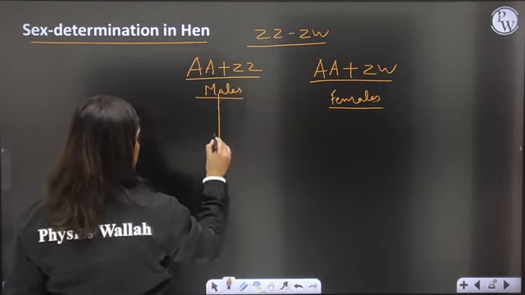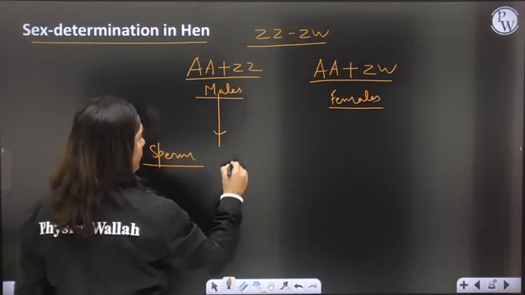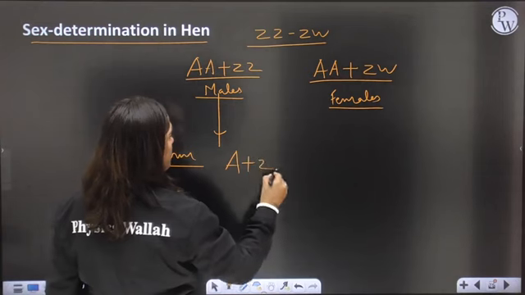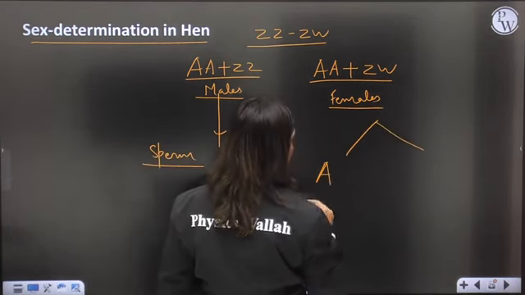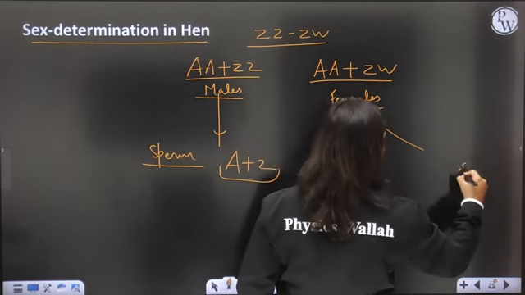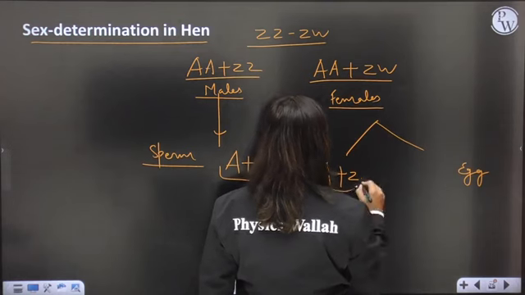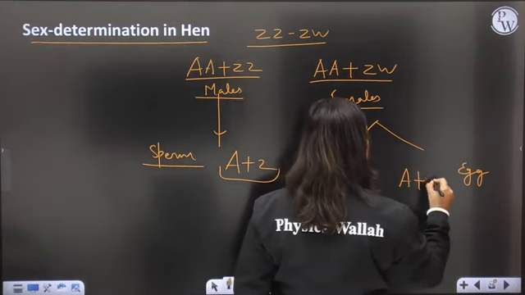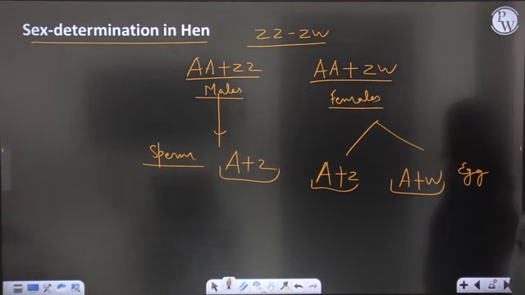The sperm will be of only one type, that is A plus Z. But from females, we can have two types of egg, that is A plus Z and A plus W. So here the heterogametic parent is female, which will decide the sex of the progeny.